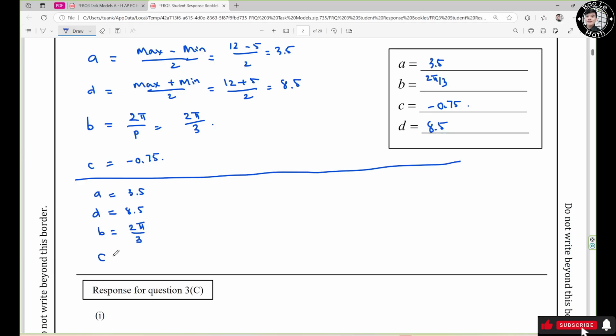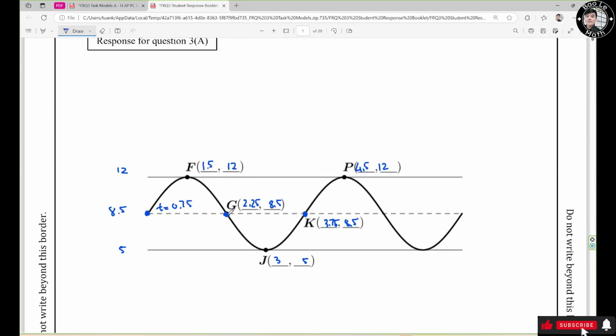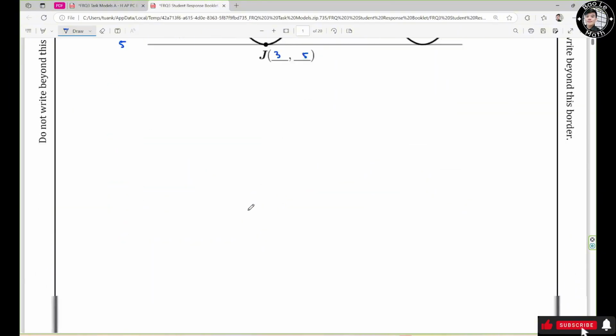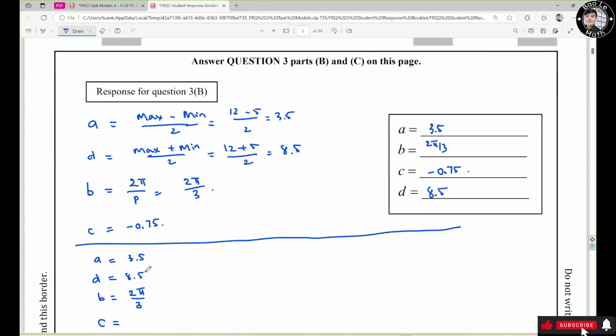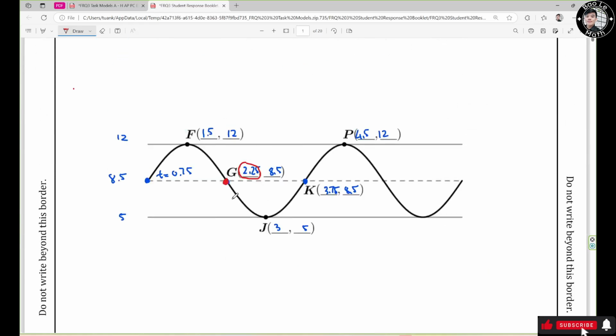Now we're going to pick a phase shift. If we start from here, right, which means we shift to the right 2.25, so C equals negative 2.25. Now we see the graph of the sine function is going down, which means there is a reflection, right?